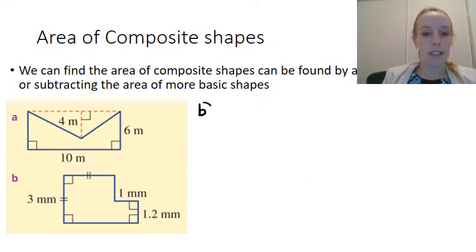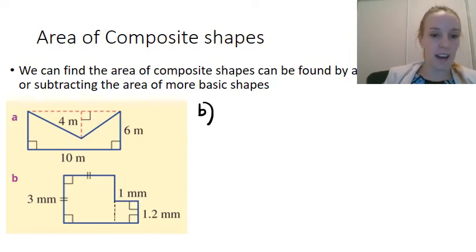For our second one, if we look at this, it's a more square kind of shape. There are a few ways you could work this one out. The way that I would do it is I would put an imaginary dot down here, and I'd work out the area of this shape, which I'd call A, plus the area of this shape, which would be B, and I'll add those together to get the total area.